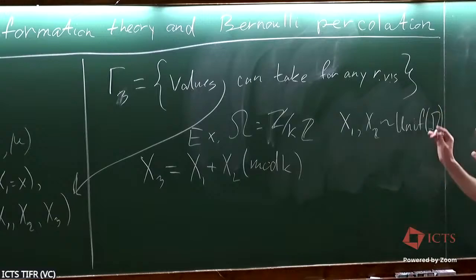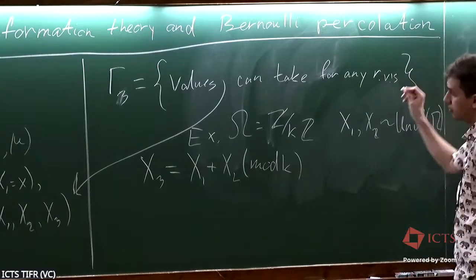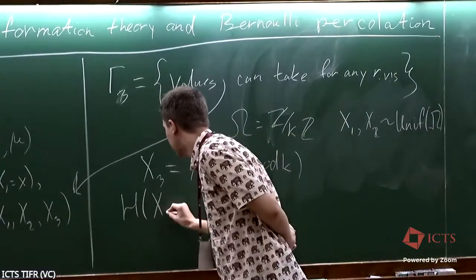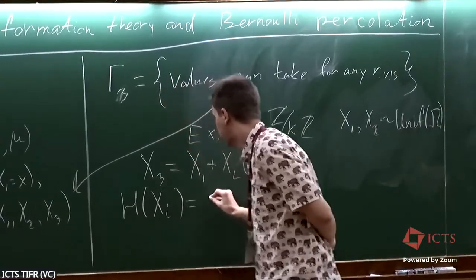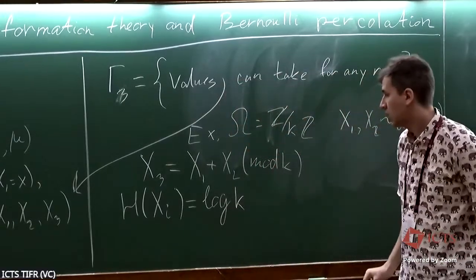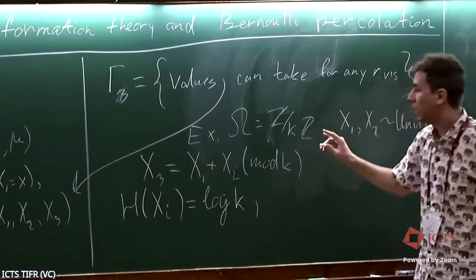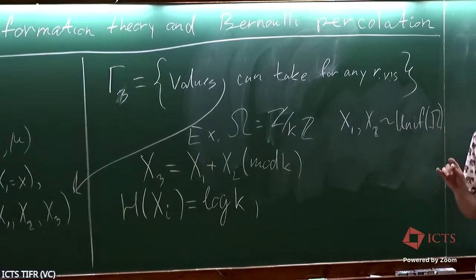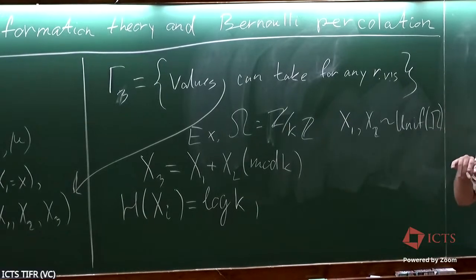I say that the entropy of any xi here will be, by definition, log k. If we have any 2 variables, they will be independent. So this is an example of 3 variables which are pairwise independent, but not mutually independent.